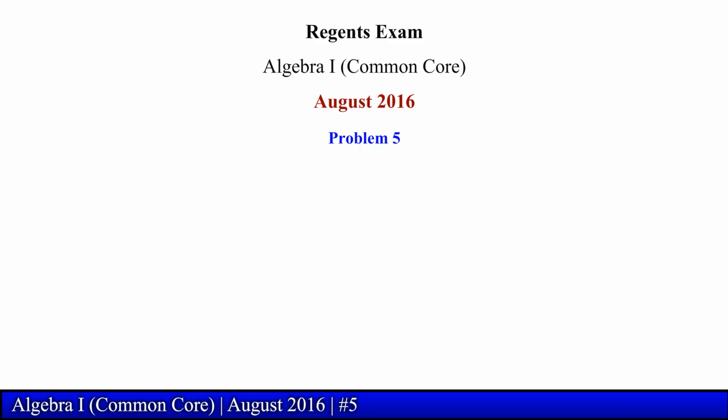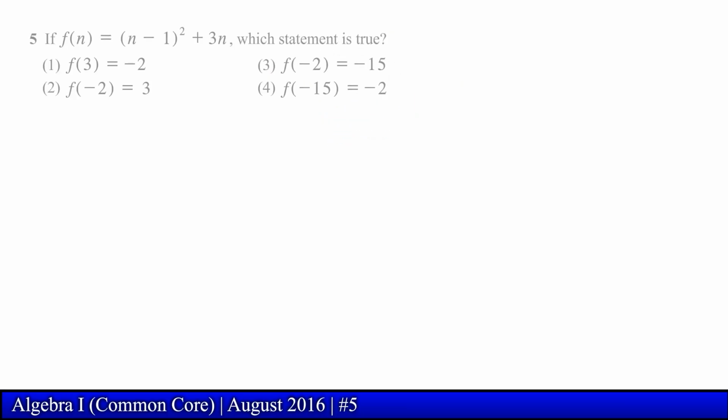Regents Exam, Algebra I, August 2016, Problem number 5. If f(n) equals the quantity (n - 1) squared plus 3n, which statement is true? Here we are provided with the function f(n), and we need to choose the option that yields a true statement.